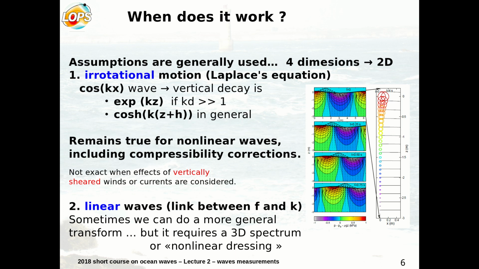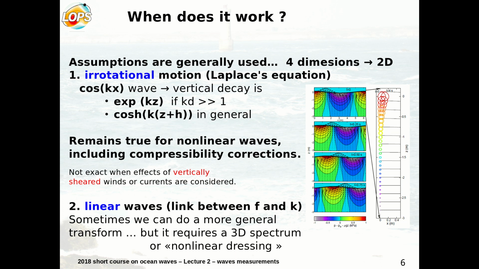So that's the story. We are assuming linear theory, irrotational waves, and we can basically convert anything from the surface to the bottom or vice versa. This slide is just to insist on these two assumptions. The first assumption, irrotational motion, works most of the time, except in the surf zone, which can be a problem.